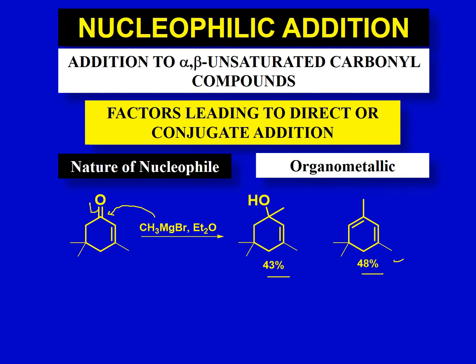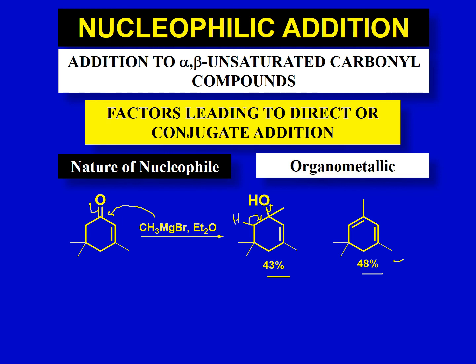Now, how does this product form? You see, when alcohol is formed here and this double bond remains untouched, we can have the removal of water from this molecule, forming another double bond here. And these two double bonds are in conjugation, so that leads to a more stable product.